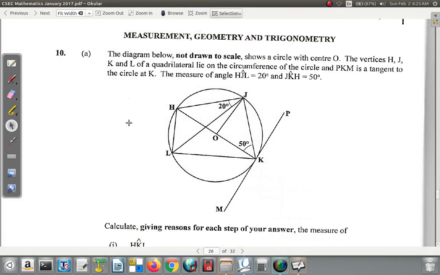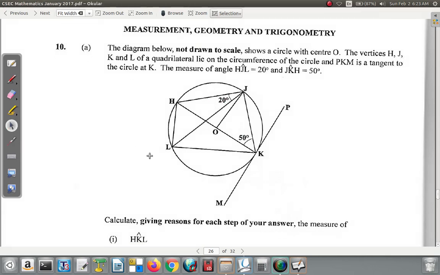So remember what it says. You have the vertices H, J, K, L of a quadrilateral on the circumference of the circle. This line PKM is a tangent. It touches the circle, it doesn't cut through it. And you have the measure of the angles, 20 and 50.